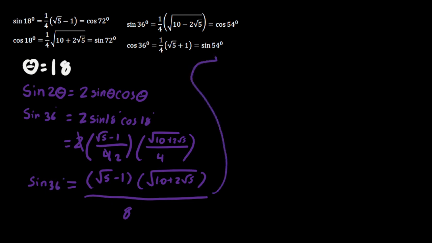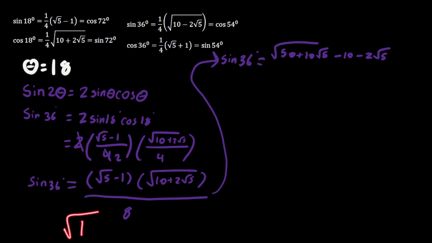Alright, let me just move it up here. And now we can simplify it by multiplying. So we can say that sine 36 is equal to root 50 plus 10 root 5 minus 10 minus 2 root 5. Now what I've done is, we know that 1 is the same as square root 1, right?